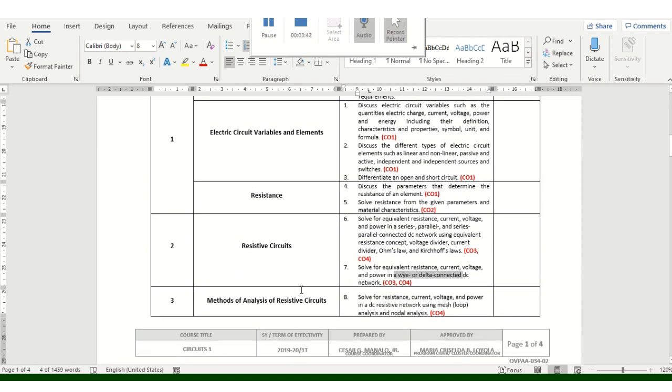Now, on the third week, we'll cover the fundamental methods of analyzing DC circuits. This topic will cover Kirchhoff's voltage and current laws, and also the nodal and the mesh techniques in dealing with these circuits.